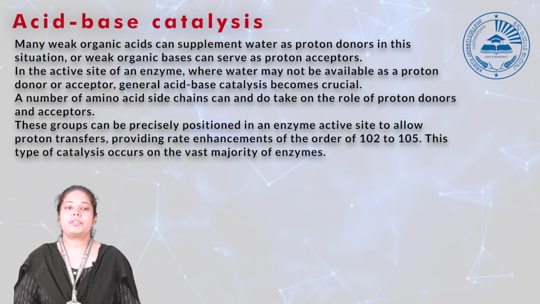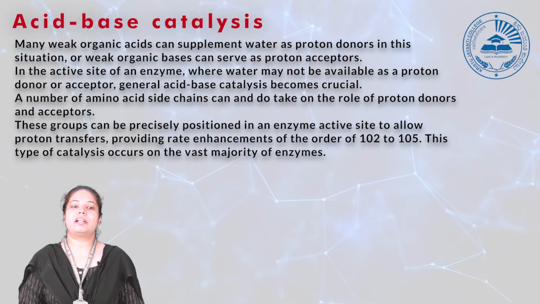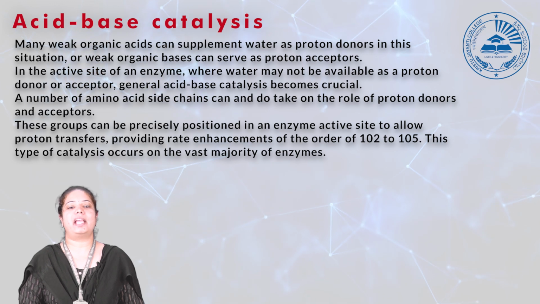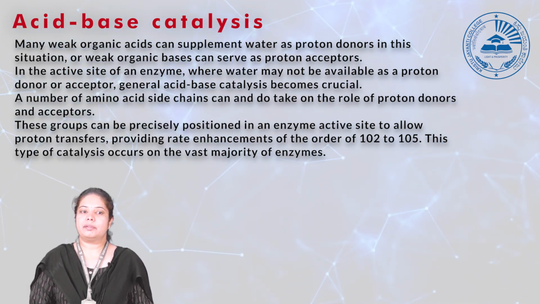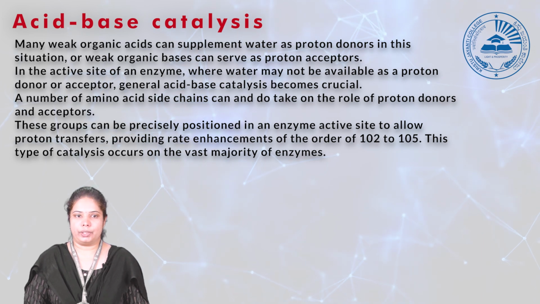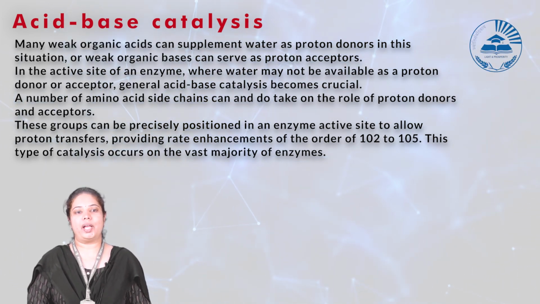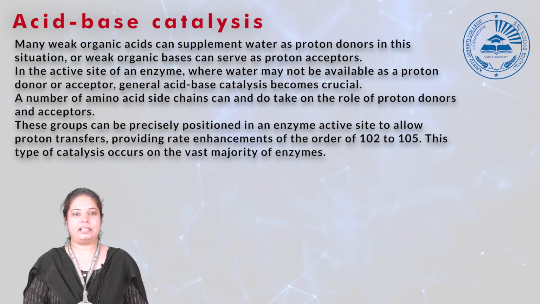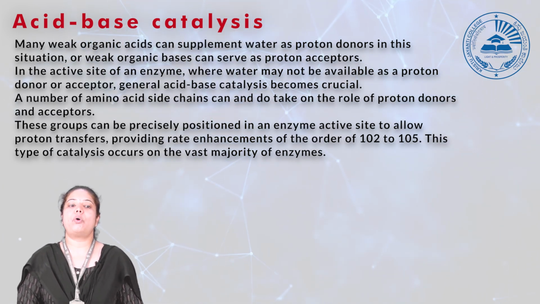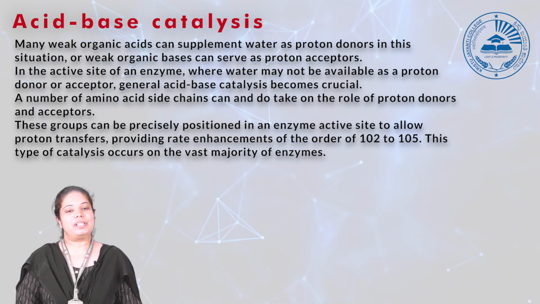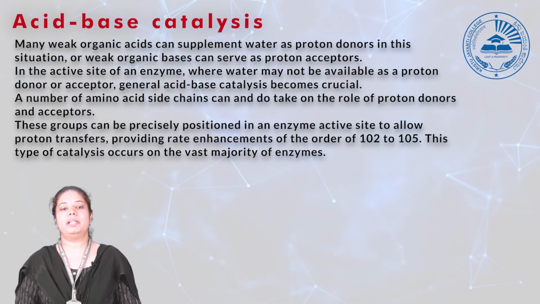So the enzyme's active site amino acid can act as either an acid donor or a base, an H plus abstraction molecule. Whatever function the weaker acid and weaker base are doing, the same function will be done by the R groups of amino acids present in the catalytic site of the enzyme. In the same way, the proton donation or abstraction of H plus will stabilize the transition state intermediate so that the product formation will be faster.